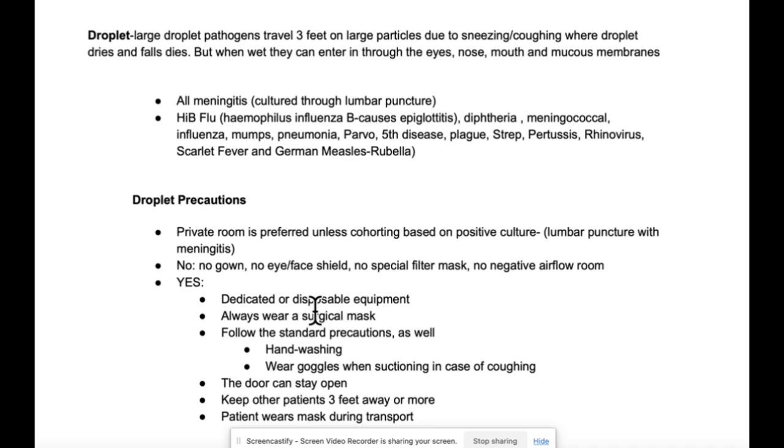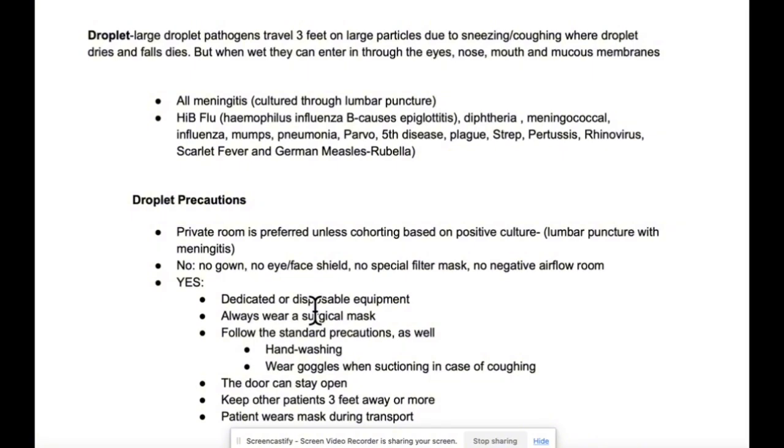Not always, but the patient sneezes, coughs, the droplet comes out of the mouth, goes 3 feet, dries, and then falls down and dies, right? Becomes inert, can't hurt you. After it travels that 3 feet, falls on the floor, it dies. All right. But when they're still wet before they dry or desiccate, they can actually enter through your eyes, nose, mouth, and mucous membranes. All right.